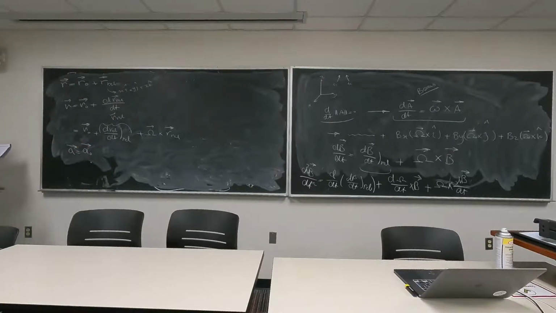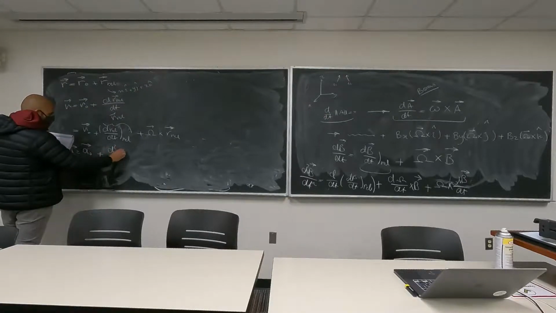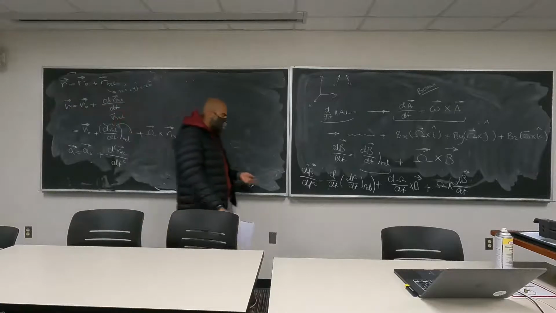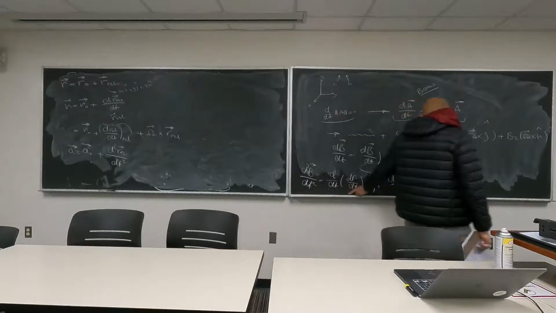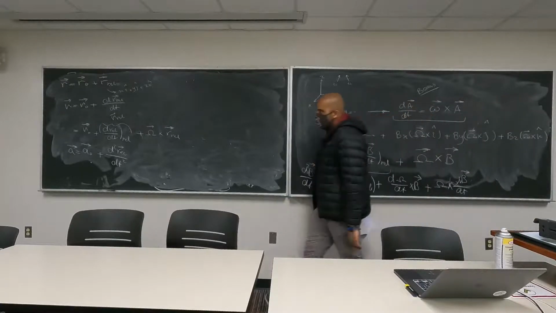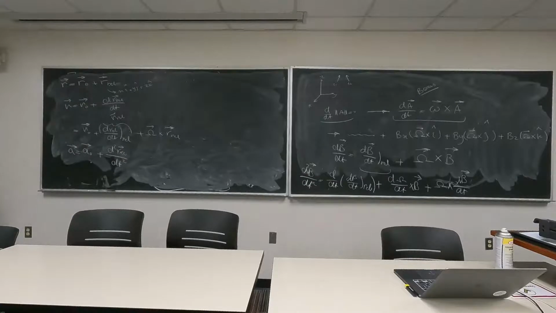For acceleration, we can do the same thing. Acceleration is going to be the second derivative of your position vector with respect to time, which essentially is going to be this huge equation.